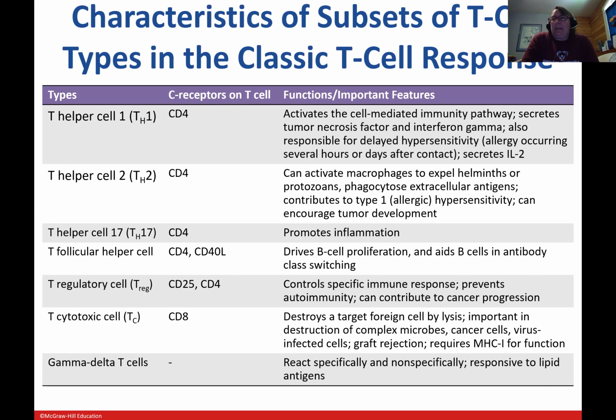So there are certain pathogens that actually go intracellular to avoid the immune system. If all we had was an antibody response, and the pathogen was inside the cell, the antibody couldn't get in there. And so these cytotoxic T cells are able to take care of that kind of situation.